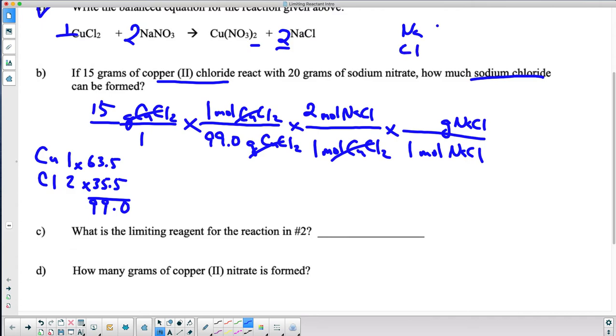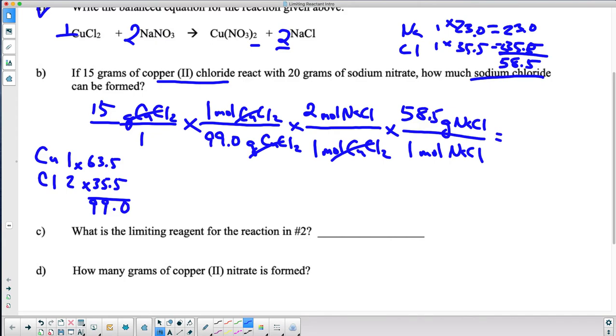Sodium chloride is 1 times 35.5 plus 1 times 23.0, which equals 58.5.